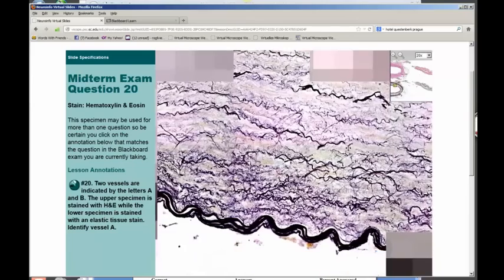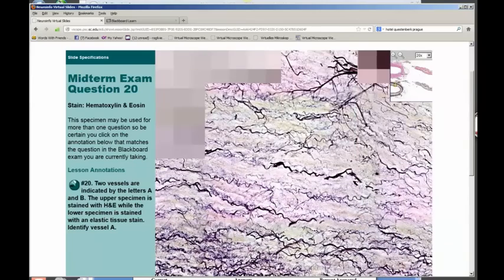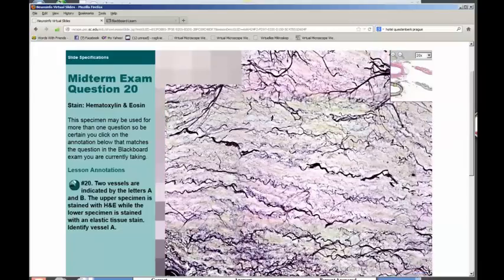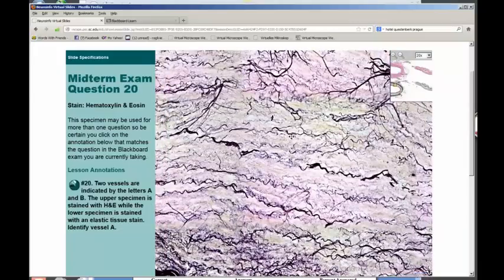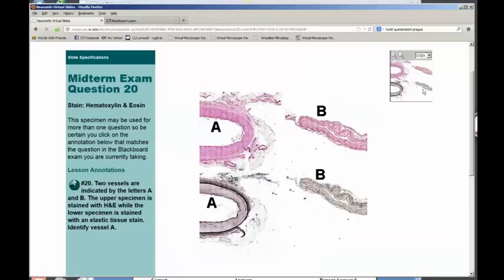You see they're not thick like this, so these are elastic fibers within the media of a muscular artery, or a distributing artery, or you could say a medium-sized artery. We accepted a variety of answers. As long as you didn't say aorta or venule or vein, you should get the answer correct.